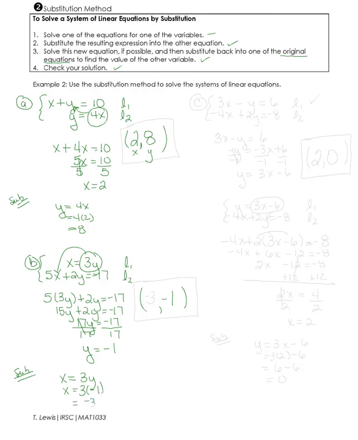In letter C, we have 3x minus y is equal to 6, and negative 4x plus 2y is equal to negative 8.